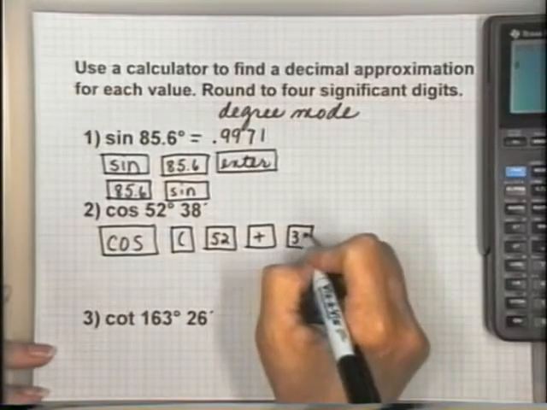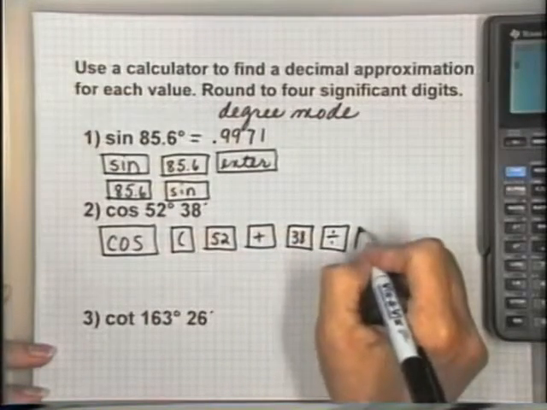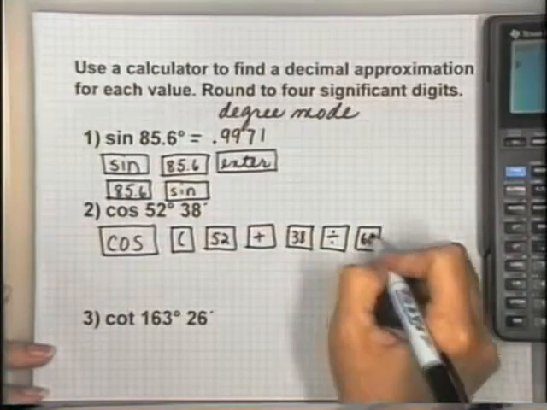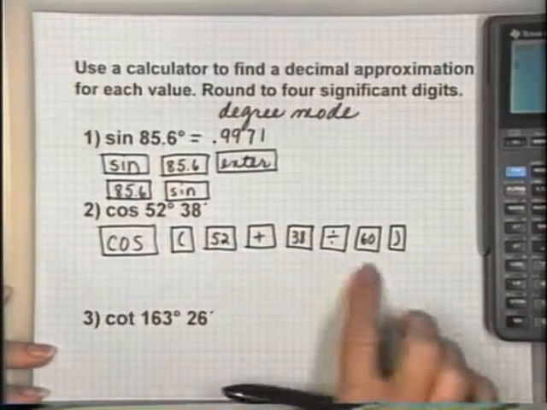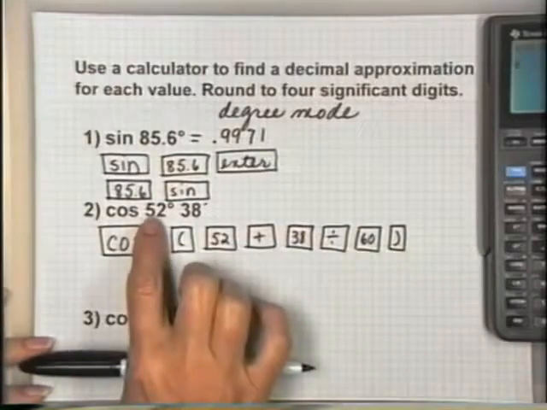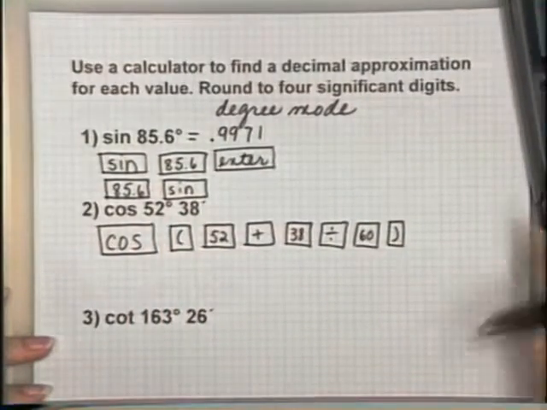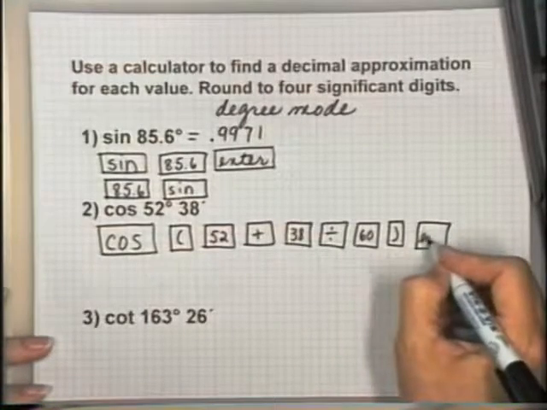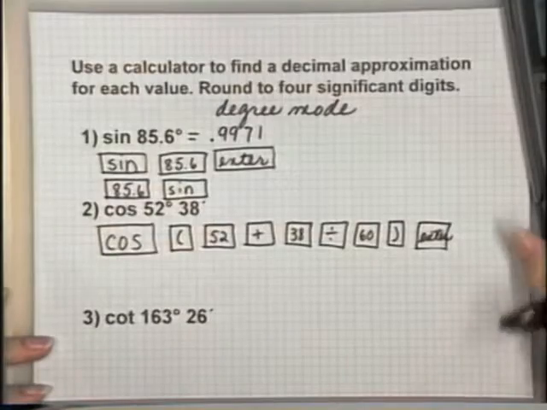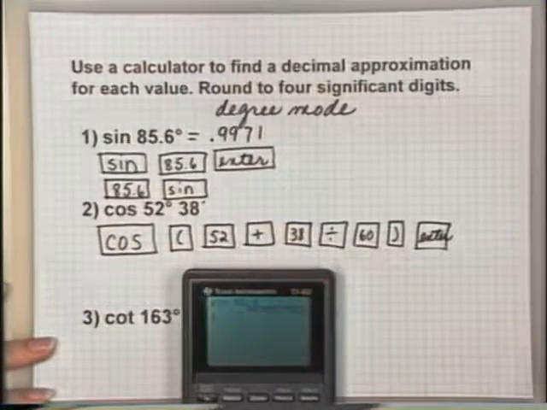So I'll go 38 divided by 60, and then I'll close parentheses, and that will convert 52 degrees, 38 minutes to decimal degrees, and then I'll need to hit my enter button. So let's do that.